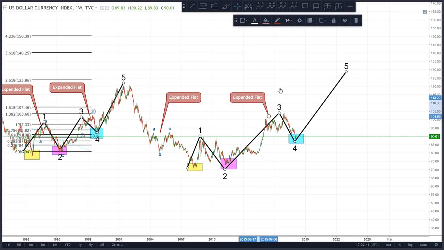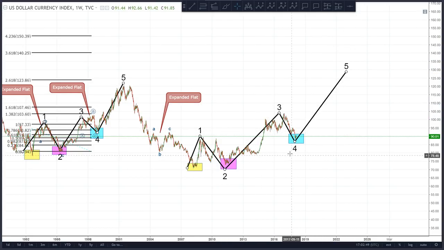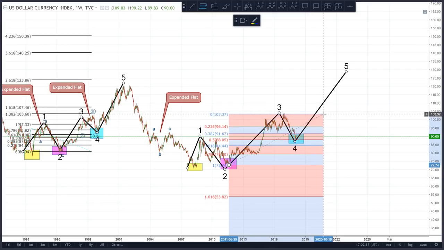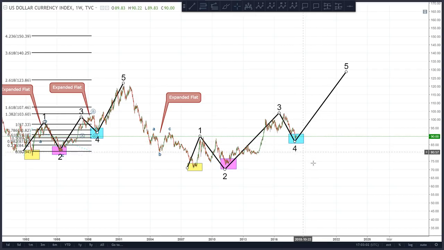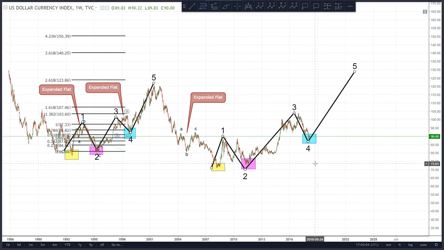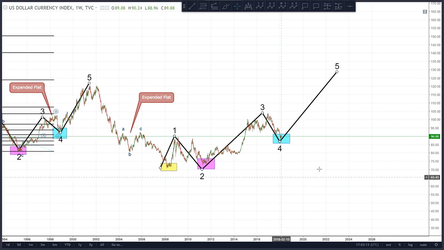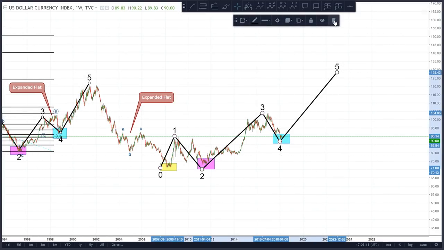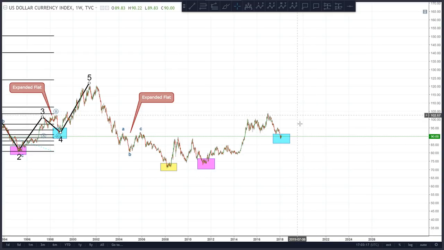It may not actually be an expanded flat, in which case, as you can see, this is the wave 3, and it's retraced 50% and found support, and I believe we're going up from here. Also confirmed by this RSI, as I explained at the beginning of the video, bouncing off that important level. Yeah, so that explains why I feel that we're going up from here.